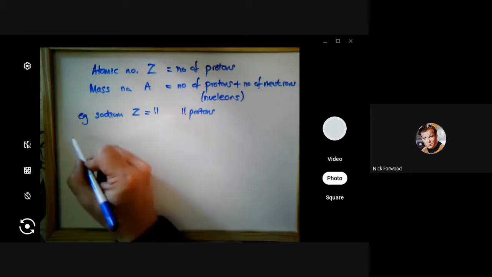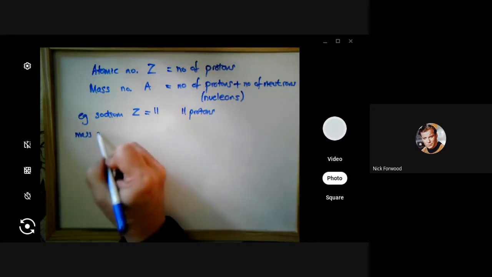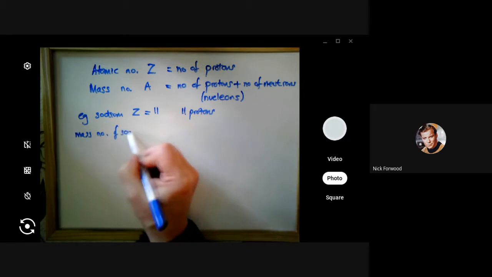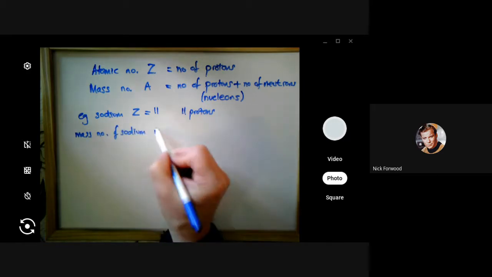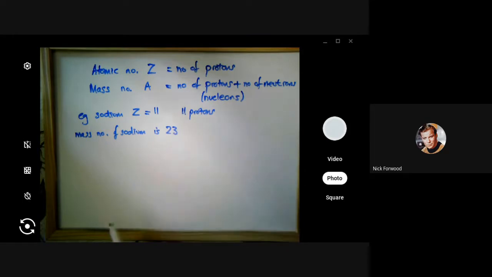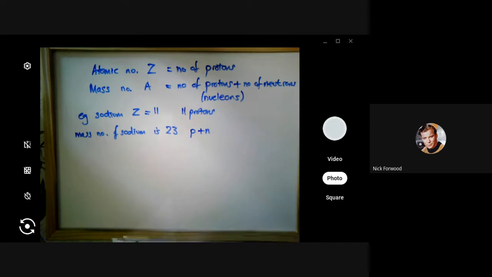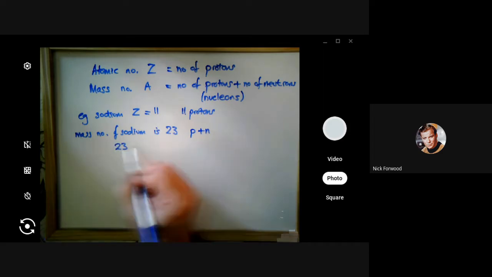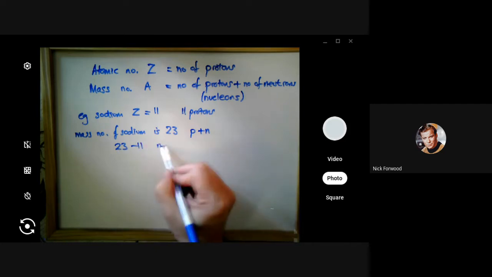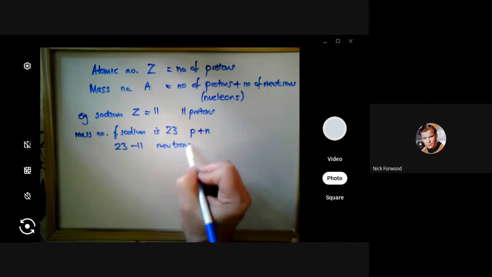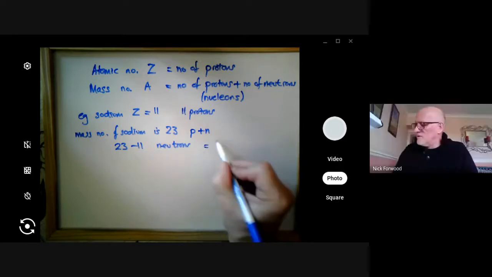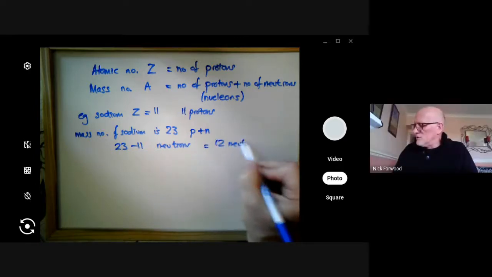So the mass number of sodium is 23. Now, what is that? That's the number of protons and the number of neutrons. Now, if we know we've got 11 protons and we've got 23 protons and neutrons together, then you must have 23 take away 11 neutrons. And that means we've got 12 neutrons in the nucleus.